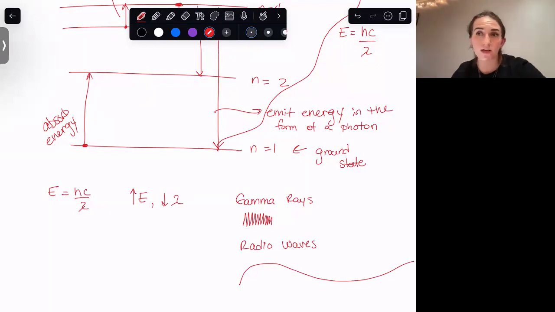They're so long they can go around buildings in order for you to hear them. Your gamma rays can go through buildings. So your low energy is long wavelengths and your high energy is short wavelengths. And then frequency and energy are direct. So the higher the energy, the higher the frequency, because you see more wavelengths happening more frequently with your higher energy waves.